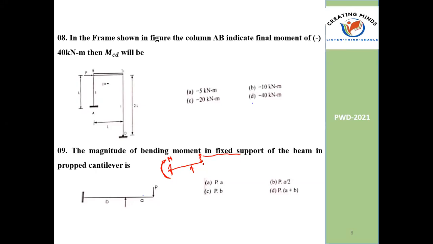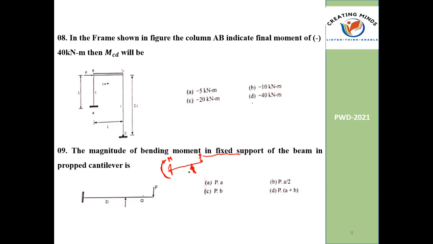If you consider the moment here, you get P into A plus B. But you have one more reaction here, and it is a support in the propped cantilever. So how do we do it? We have to do it by superimposition or other factors.